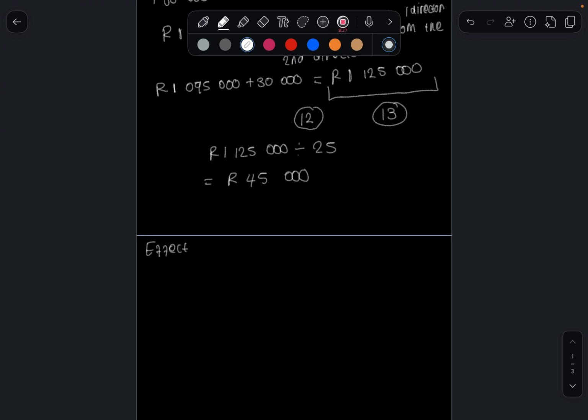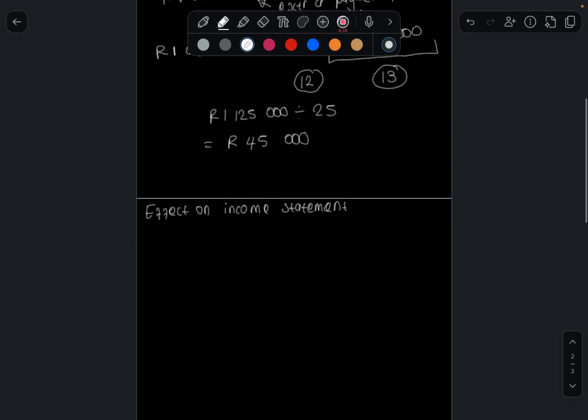So for the effect on the income statement, right? So directors' fee, right? We're going to take the 1,095,000.